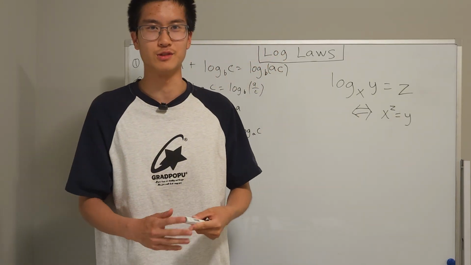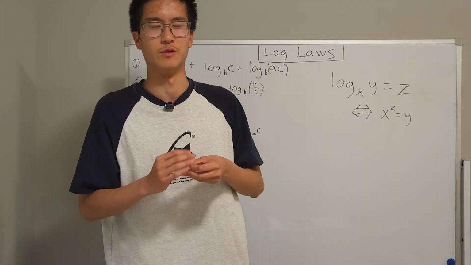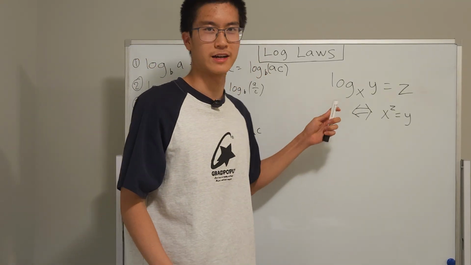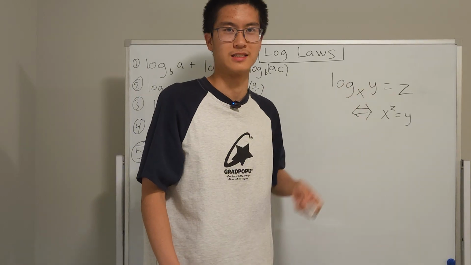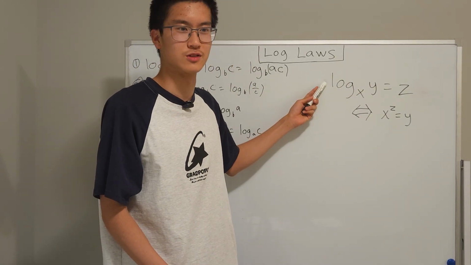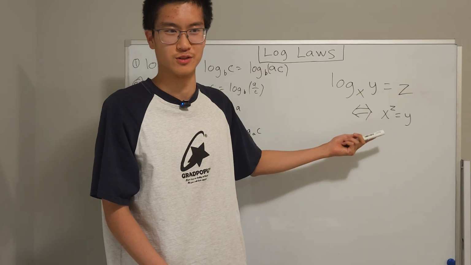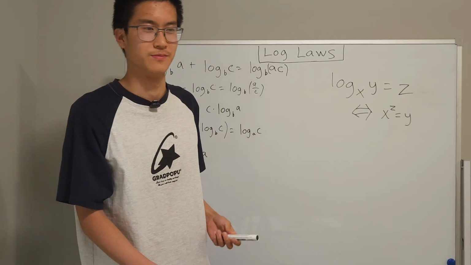You could use context to determine which of these forms is more useful. Also, this arrow means that this equation implies this, while this equation implies this. So what I mean is that if this equation is true, then this equation is also true, and if this equation is true, then this equation is also true.